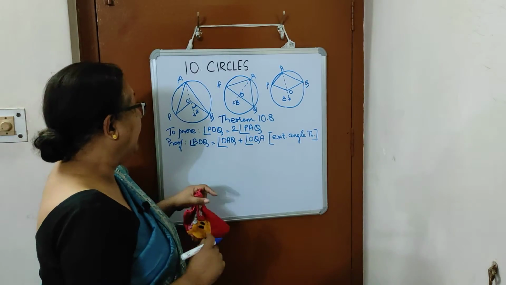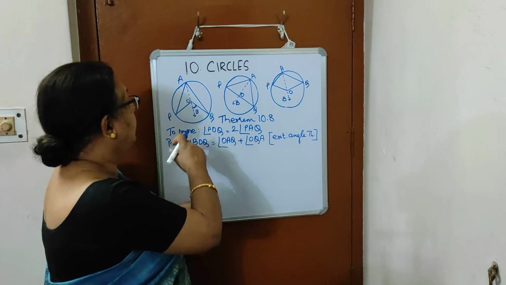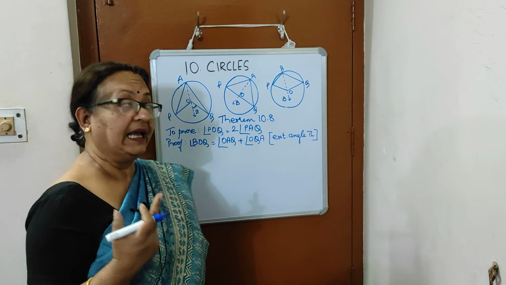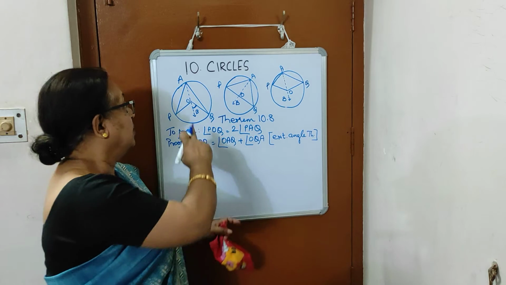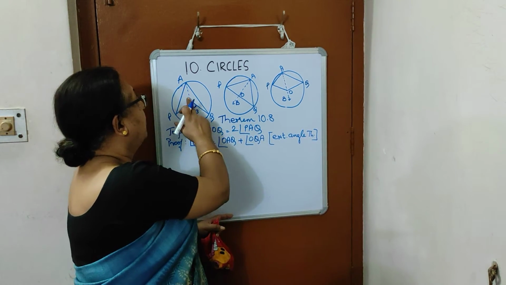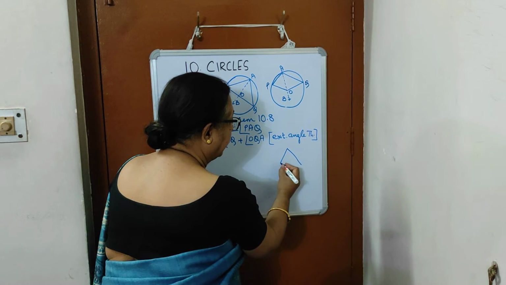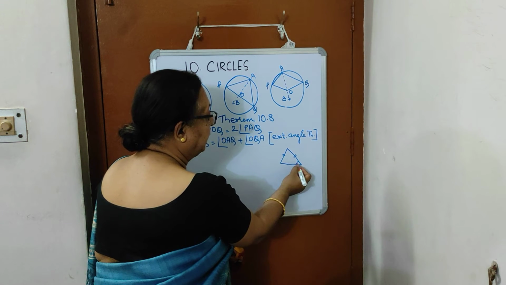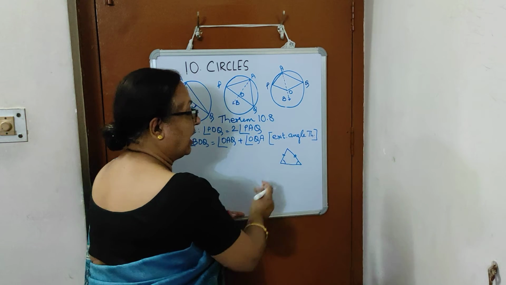Now again see this triangle OAQ. In this triangle, OA is equal to OQ. Are they equal? Yes. Why? Because they are the radii of the same circle. So OA is the radius, OQ is also the radius of the circle, therefore OA is equal to OQ. Now again you know this, children, in a triangle, if this side is equal to this side, angles opposite to them are also equal. Angle opposite to this is this one. So these two angles are equal.